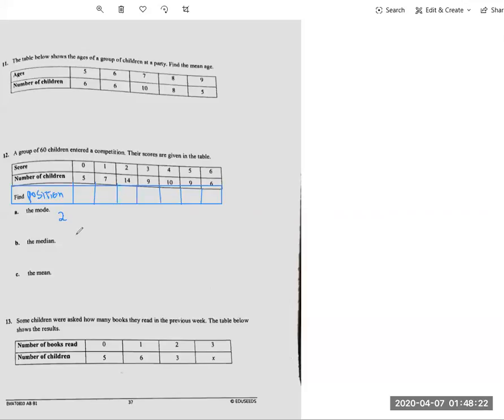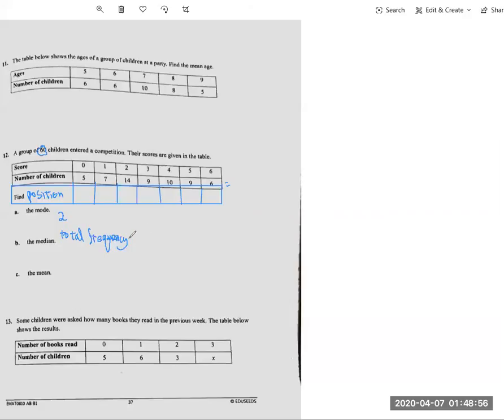Now, median, first you have to find the total frequency. Okay. Now, total frequency is here, but already given as 60. Sometimes it's not given. So if it's not given, you have to add this up. But in this case, already given. So the total frequency is 60.